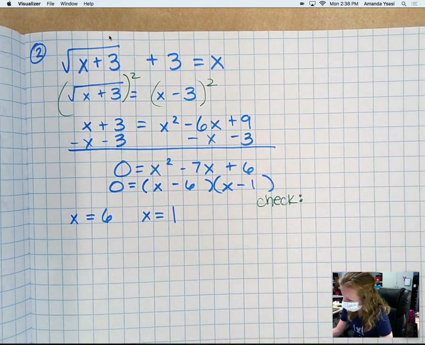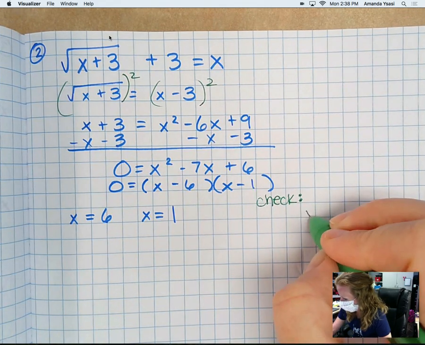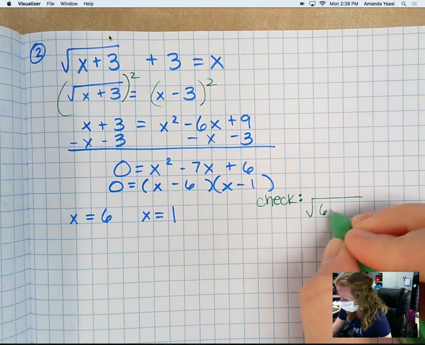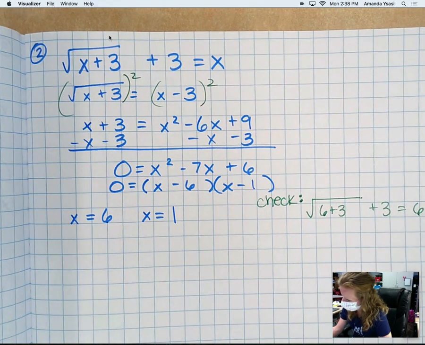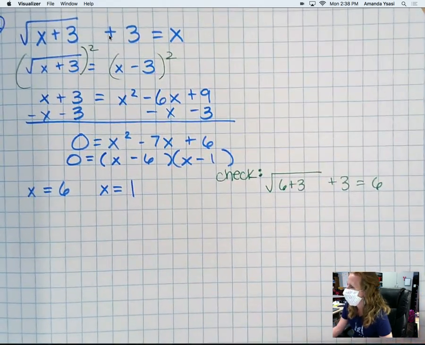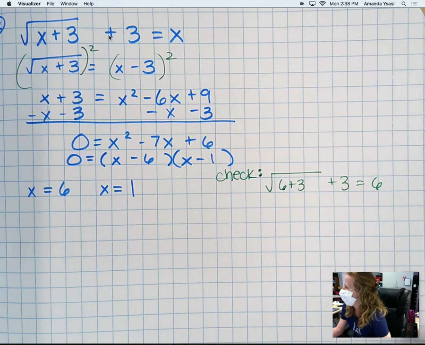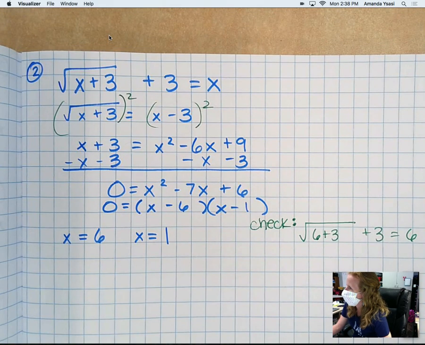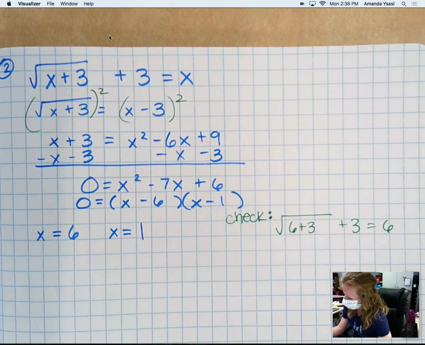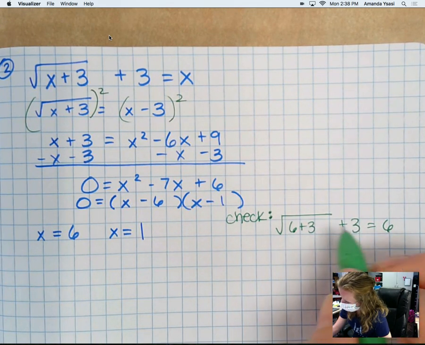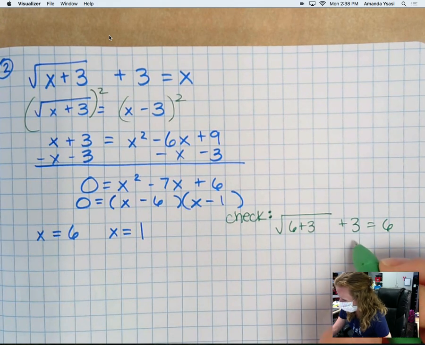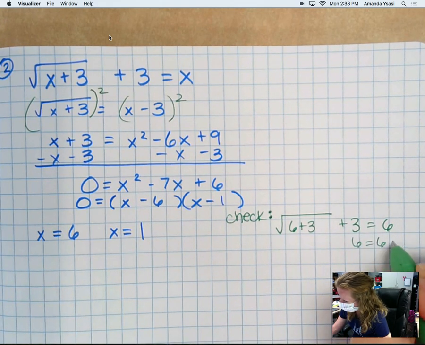And so we check each one. Square root of 6 + 3 = 6. So that'd be 9. Square root of 9 is 3. 3 + 3, 6. So that one works.